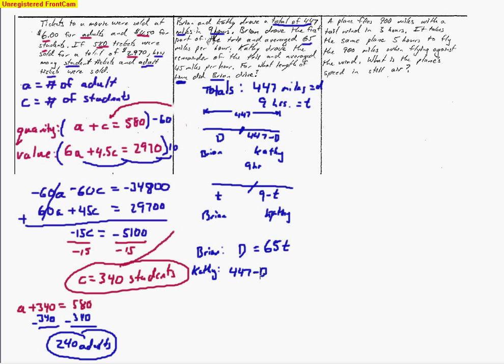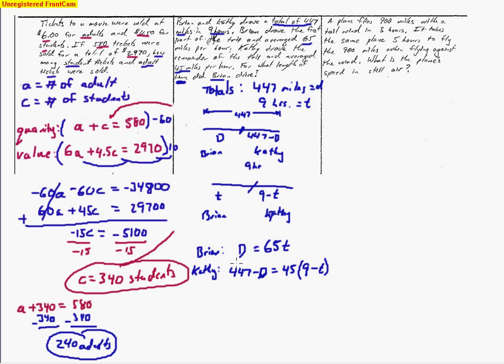We're using only one variable here, so we don't have to deal with two. And what was her rate? Let's go back up here. Kathy drove the remainder of the trip and averaged 45 miles an hour. So 45 times her time. Her time was 9 minus T, the total minus that part.